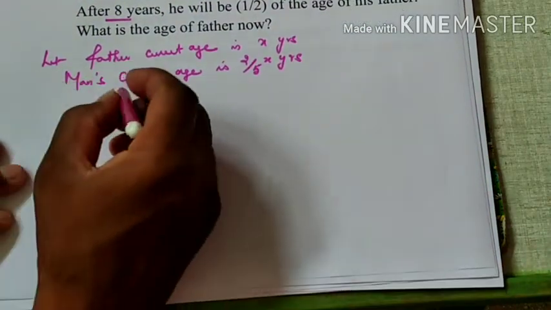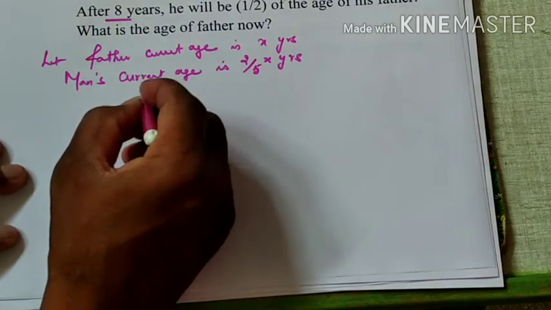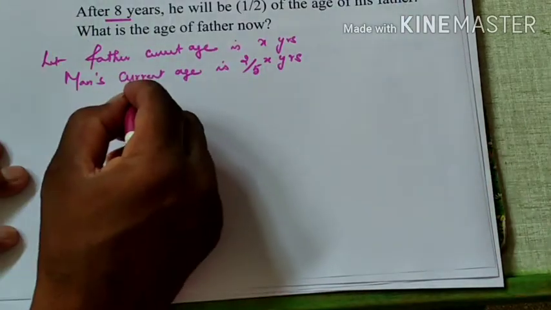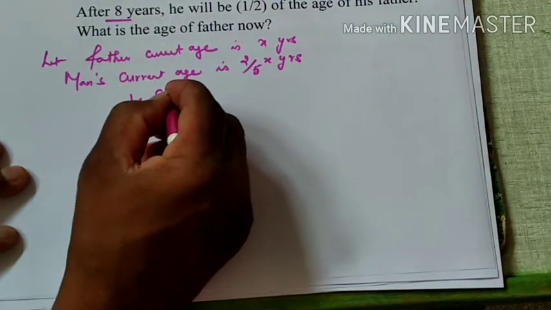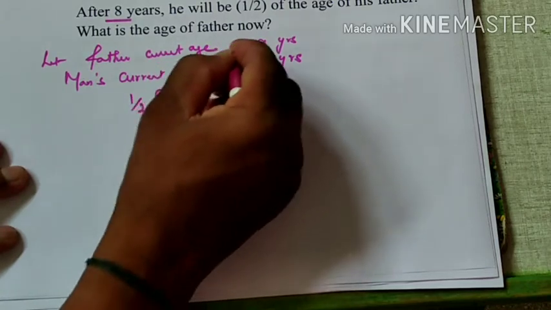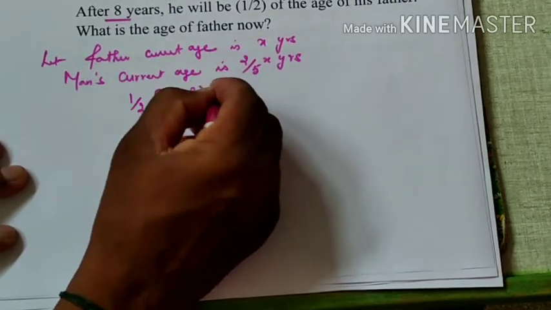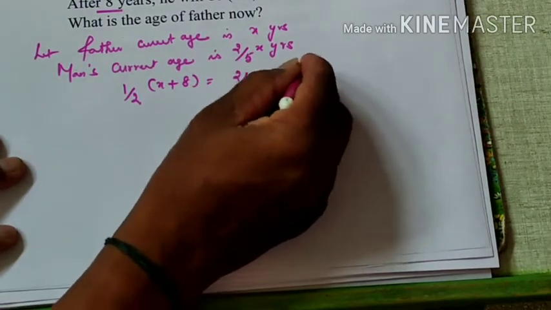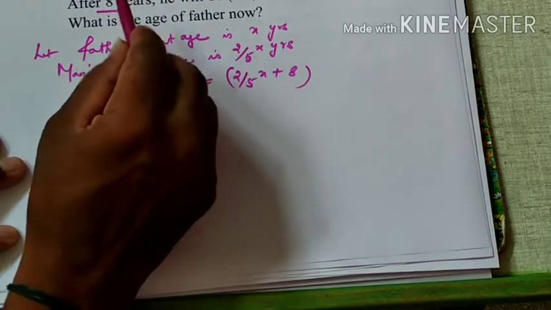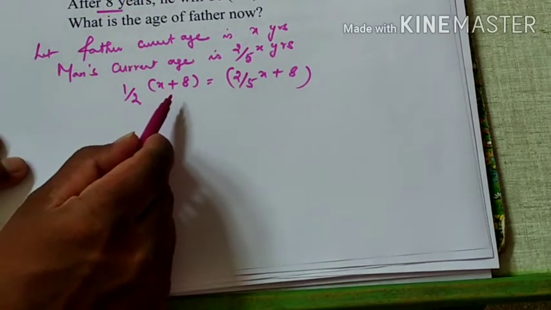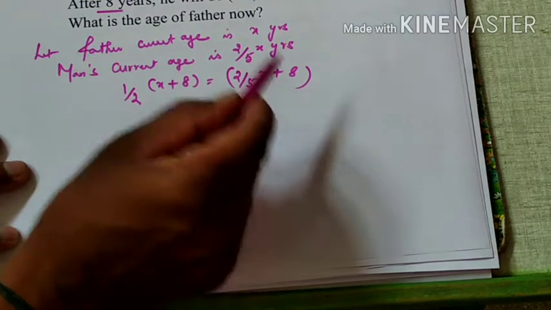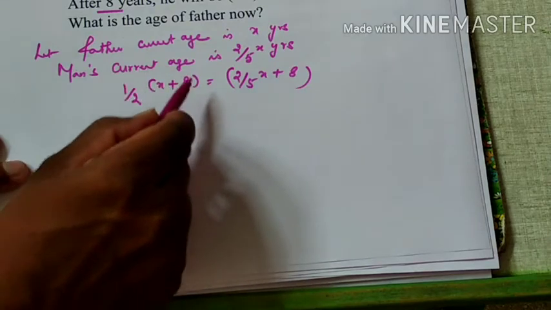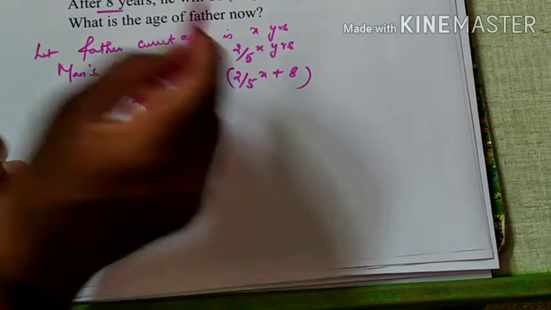So we add 8 on both sides: the father's age becomes x plus 8, and the man's age becomes 2 by 5 x plus 8. Here, since it is after 8 years, that's the reason we are adding 8. At the time of adding, he will be 1 by 2 of the age of his father. What is the age of the father now? That we are going to find.